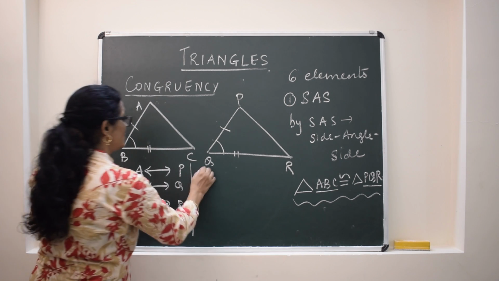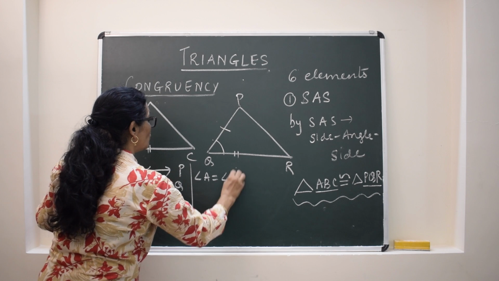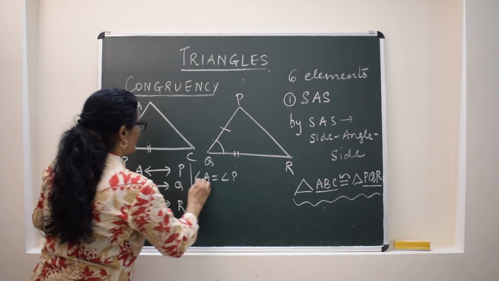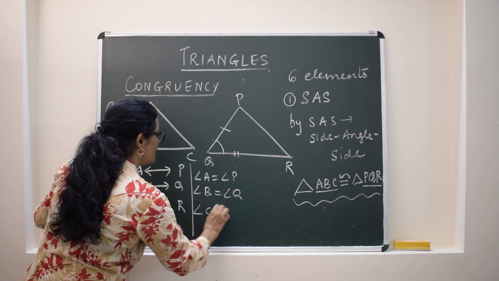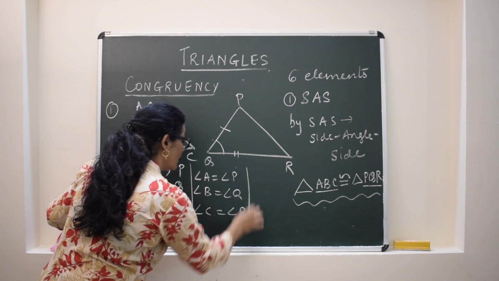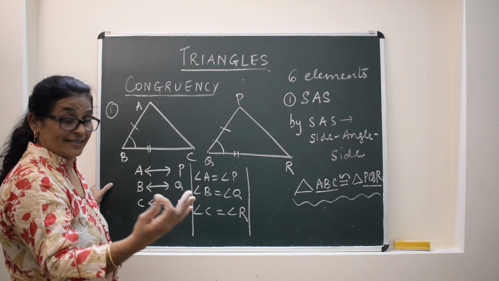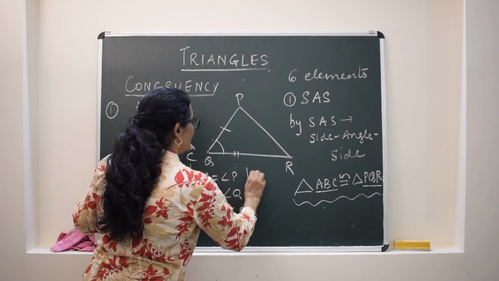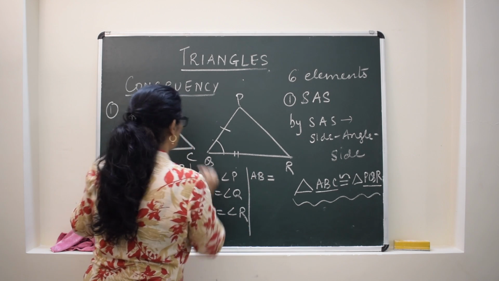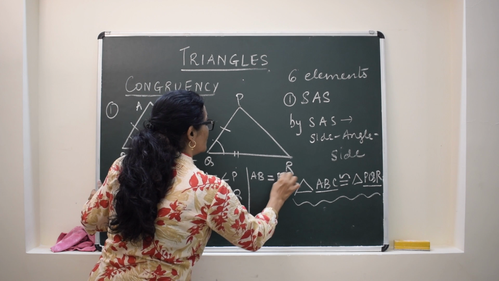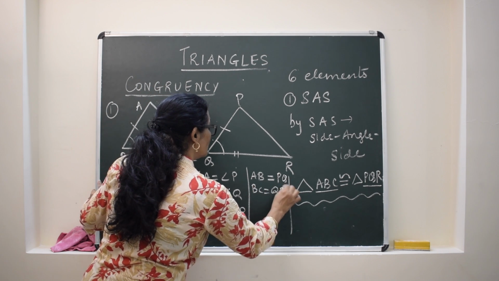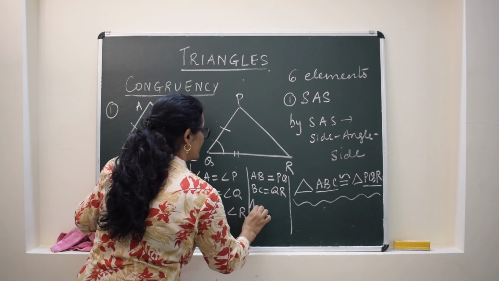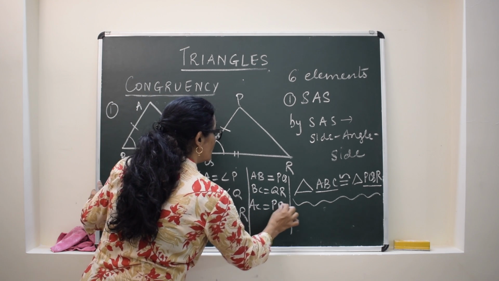Other elements means angle A will be equal to angle P, angle B will be equal to angle Q, and angle C will be equal to angle R, and other 3 elements. They are AB will be equal to PQ, BC will be equal to QR, and AC will be equal to PR.